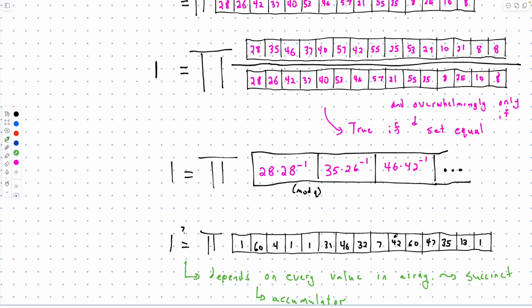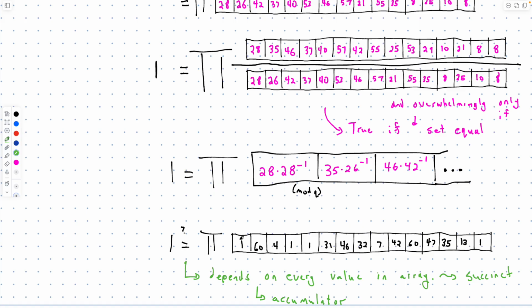So the trick I'm going to use, and this is used a lot in SNARKs, not just in Plonk, but elsewhere, is to build a helper vector called an accumulator. The idea of an accumulator is actually pretty simple. I'm going to have a new array, and the first element I'm going to have is a 1. In the second element, I'm going to have 1 times 60.